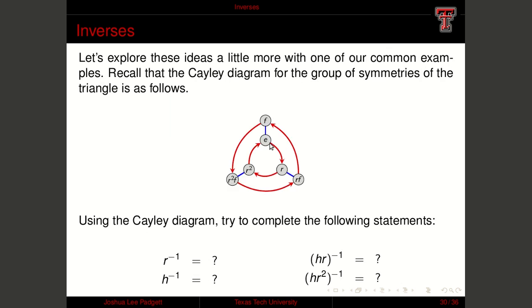So, if I have R, how do I get back to E using the Cayley diagram? Well, I can perform R and then R again. So R squared is R inverse. So basically if I rotate by 120 degrees, I can undo that always by performing a 240 degree rotation. That's not the only answer. What is another answer?